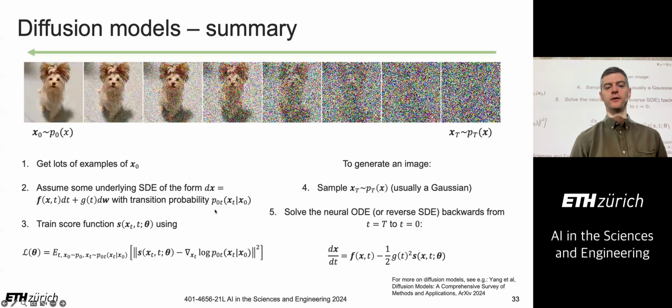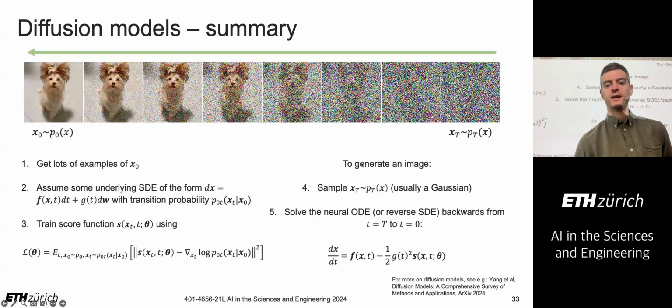And we need to understand what the transition probability is, what takes the initial image here to some time t here. What's the transition probability of that happening? And then we define our loss function, just as I said before, and we can differentiate through this because we can analytically derive what this score value is.